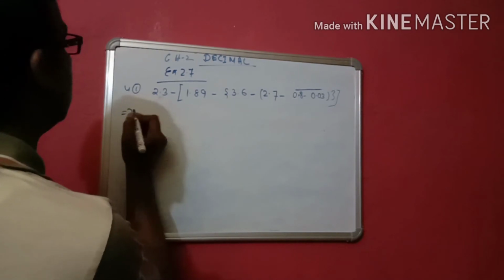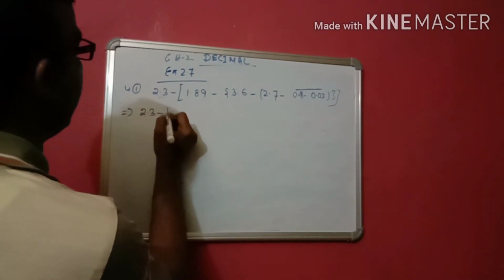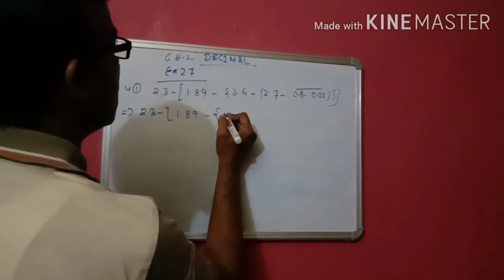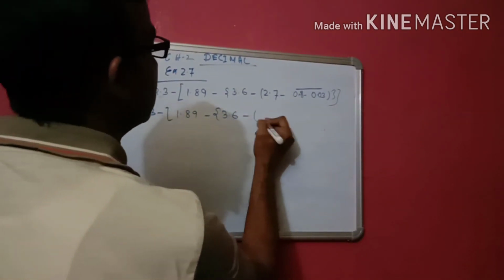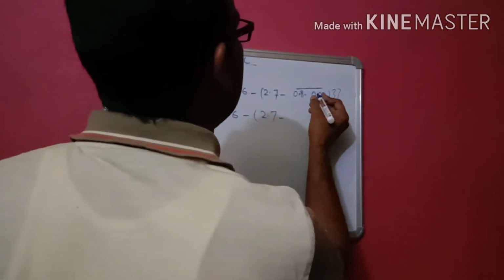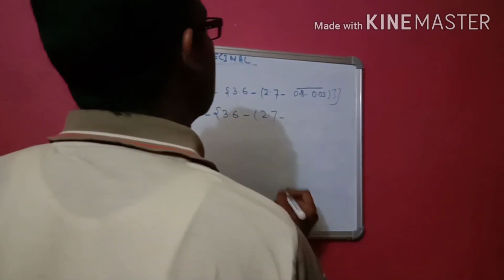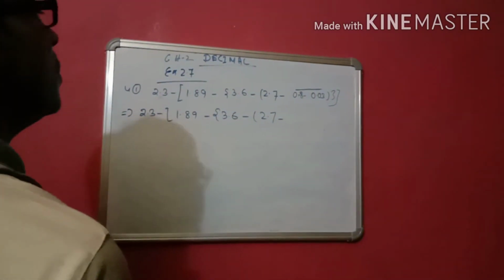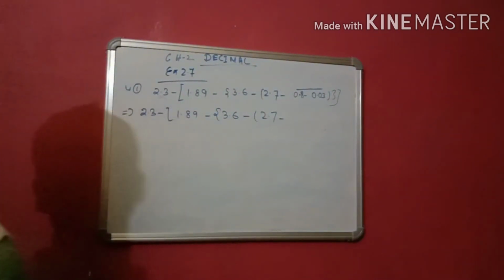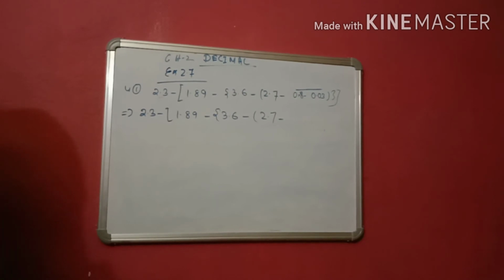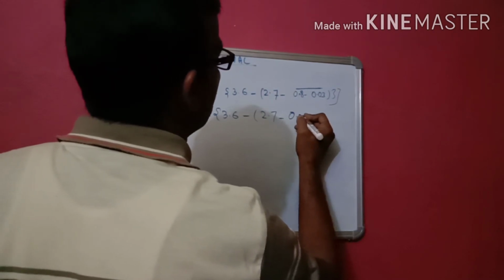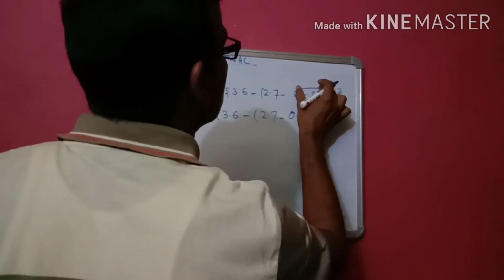So 2.3 minus 1.89 minus 3.6 minus 2.7 minus 0.8 minus 0.003. So subtract it. After subtraction, I will get 0.797. So this work is over.